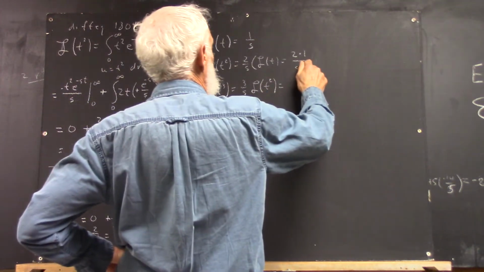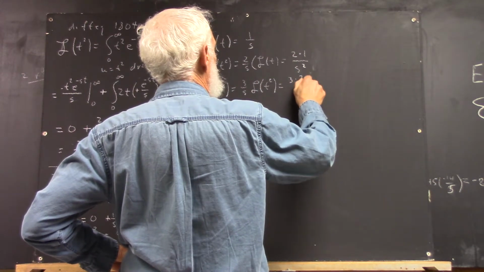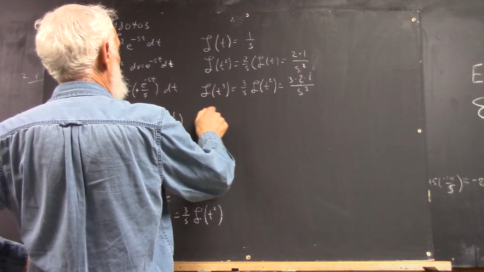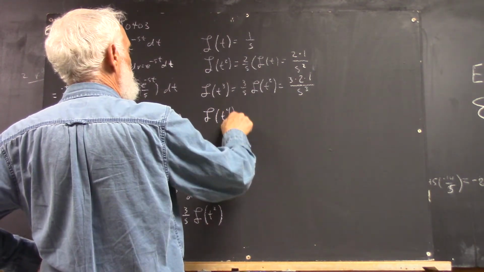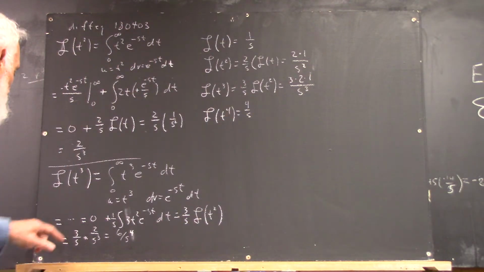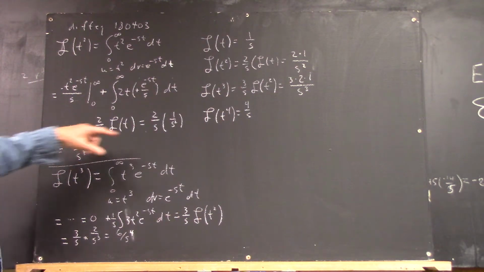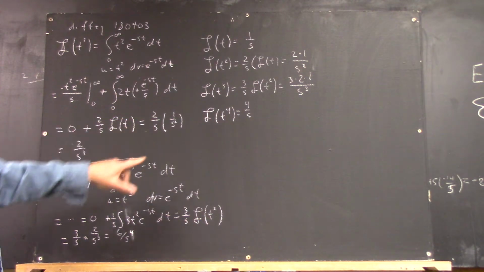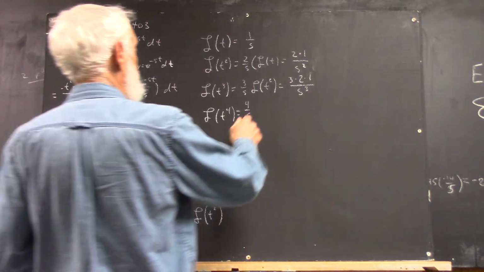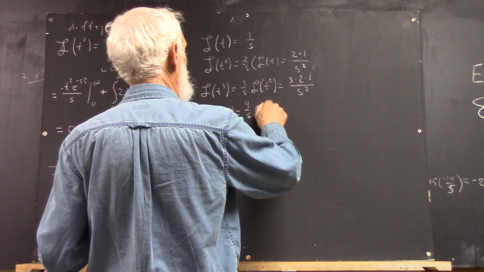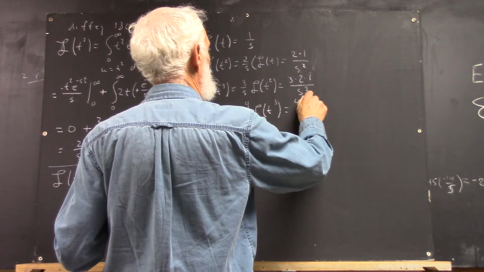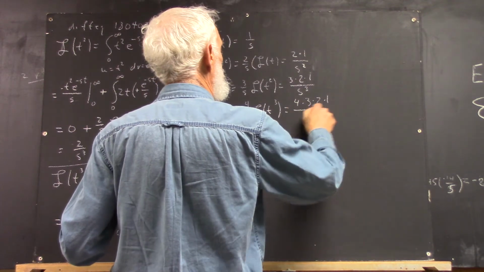So that's 3 times 2 times 1 over s to the fourth. And the Laplace transform of t to the fourth, you're going to get a 4 over s, for the same reason you got a 3 over s here and a 2 over s here. It just comes from your u substitution. And that's going to be 4 times 3 times 2 times 1 over s to the fifth.